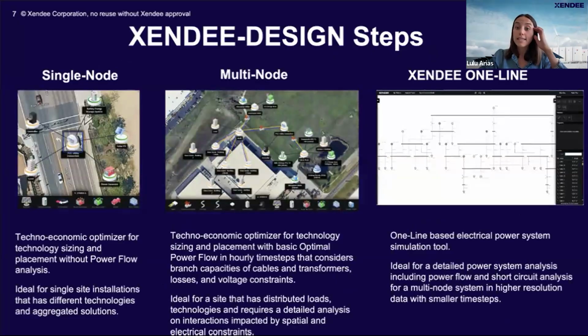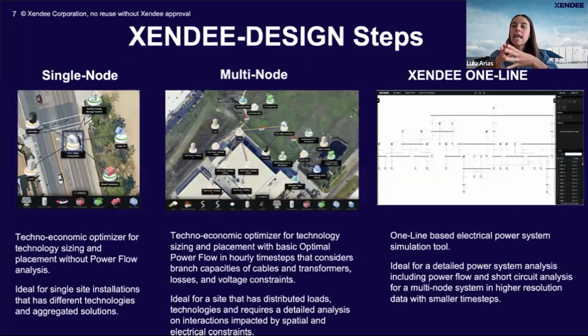So let's start with single node approach. Imagine modeling, once again, an airport as one big point, lumping in all loads and technologies together. It's a great starting point for this quick techno-economic optimization, but it skips the details of how power actually moves.